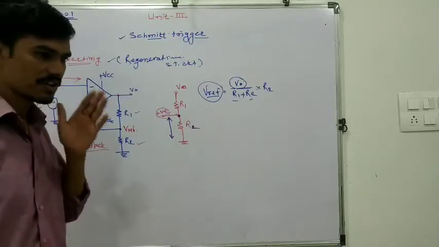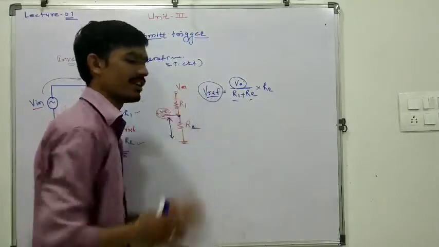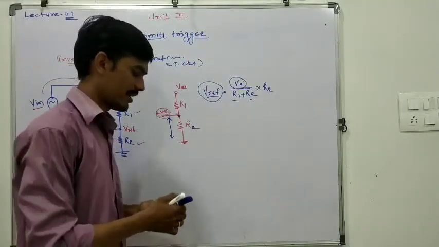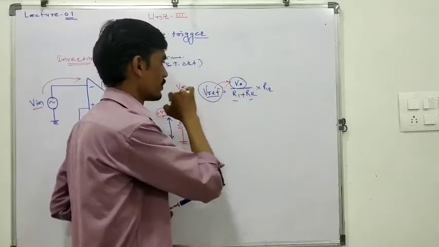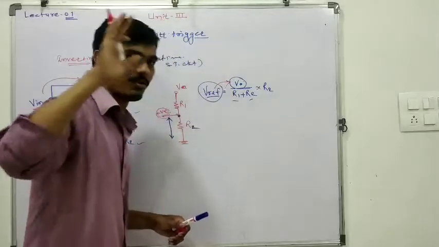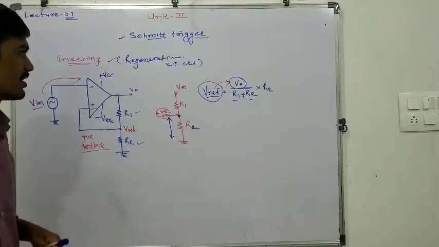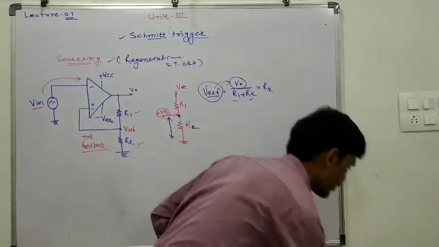As the output voltage changes from positive to negative, or high to low, V reference changes accordingly. Throughout this chapter we have to be concerned about V reference. It depends on the output voltage only, and the output voltage fluctuates between some values, which are the saturation values.